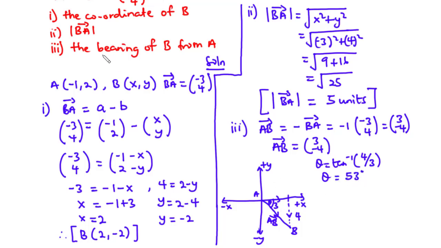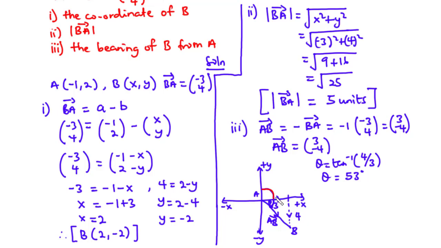Now to find the direction, the bearing of B from A, we measure from A, from the positive y-axis, from the north, in the clockwise direction. You realize that it is 90 degrees plus the angle theta, measured from the north.